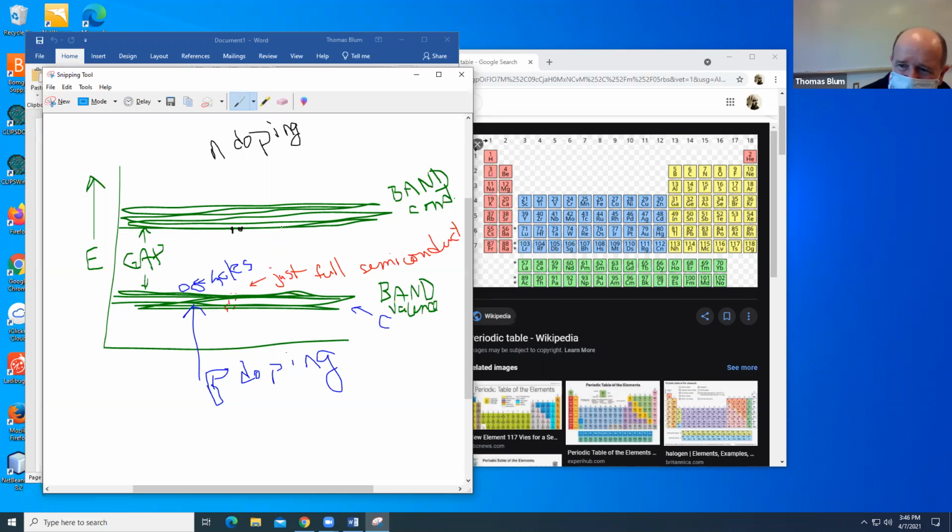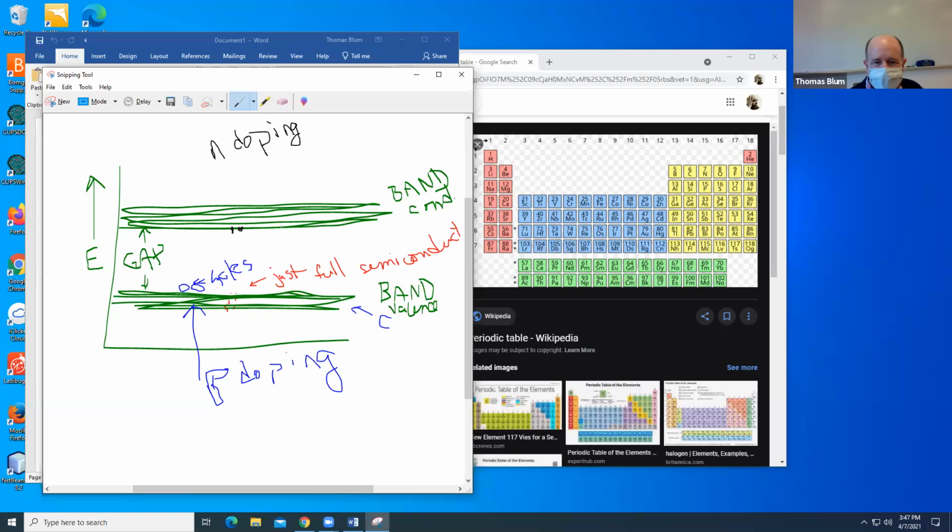And they ease up your semiconducting property. Your semiconducting property was that you filled one band and had to jump the gap to get into the other band. Doping gave you a little bit of freedom: p doping gives you a couple of empty spots in the valence band, or n doping puts a few of those extra electrons into the conduction band. Either way, you improve the conductivity.